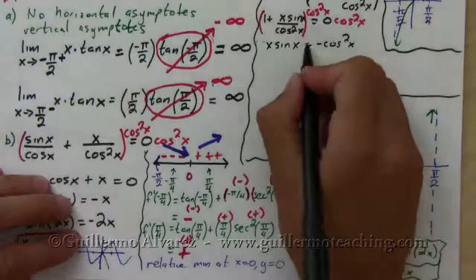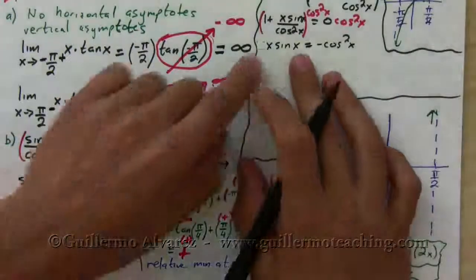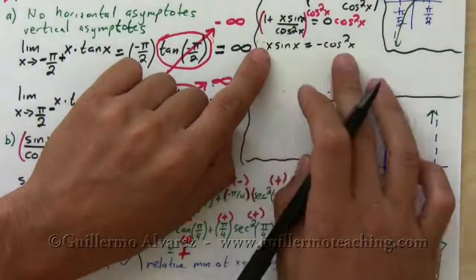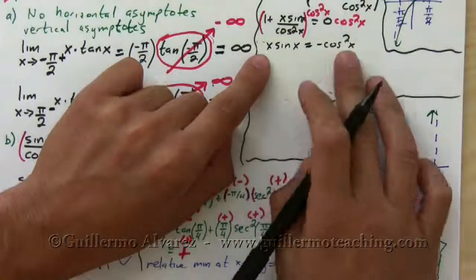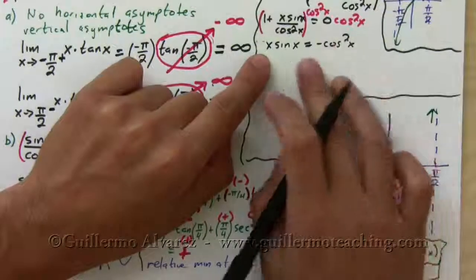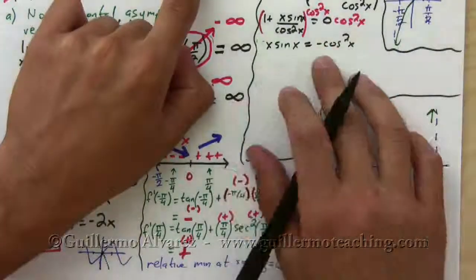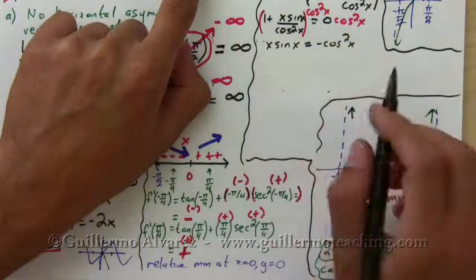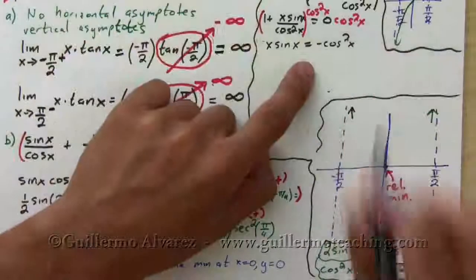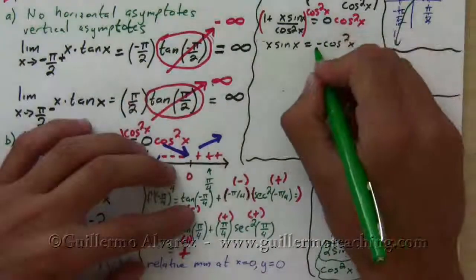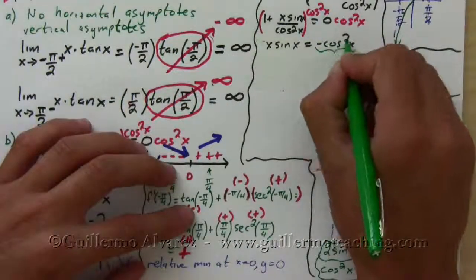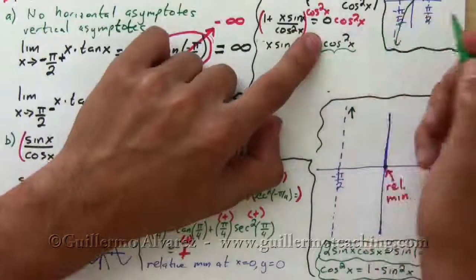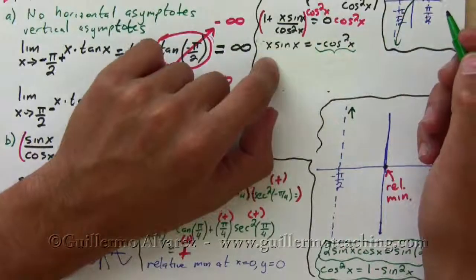Now, it's not very easy to solve this directly. But since our domain is restricted from negative pi over 2 to pi over 2, there is one thing to note. Cosine squared without the negative sign is always going to be positive, so you put the negative there.